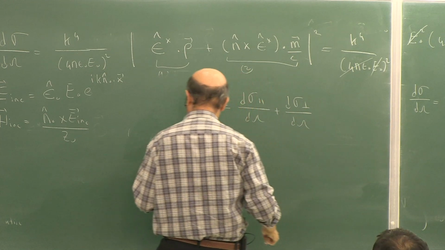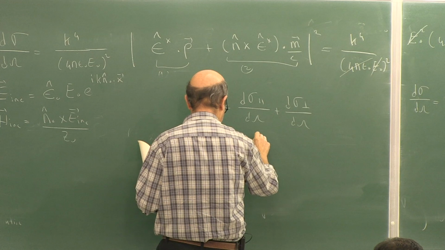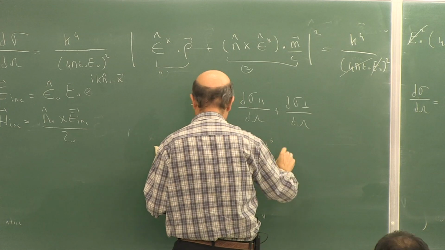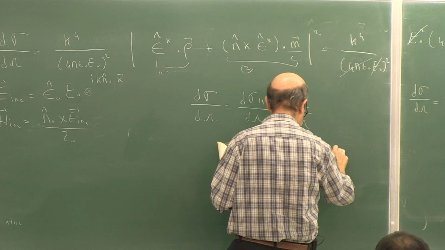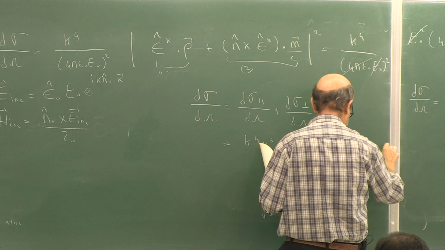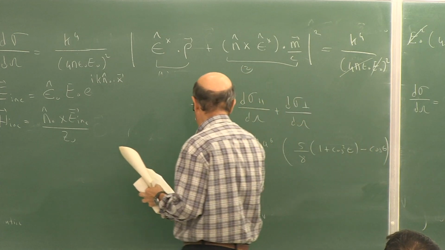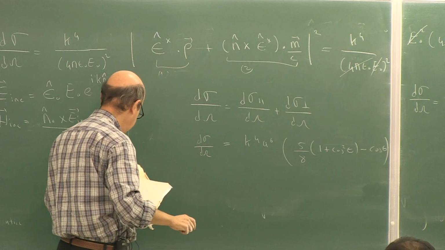If you sum these two terms, you will get the following: k to the 4, a to the 6, 5 over 8, 1 plus cosine square theta, cosine theta. This is for total scattering cross section per solid angle.